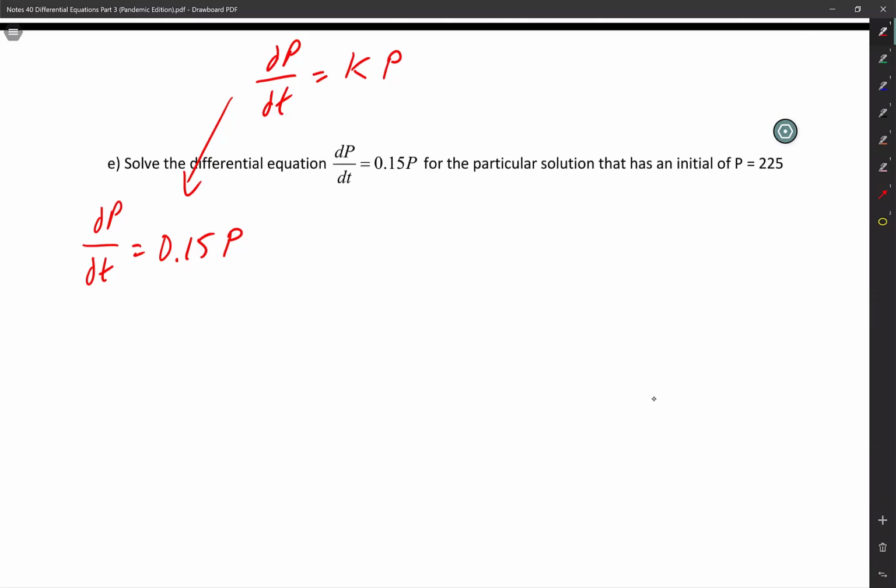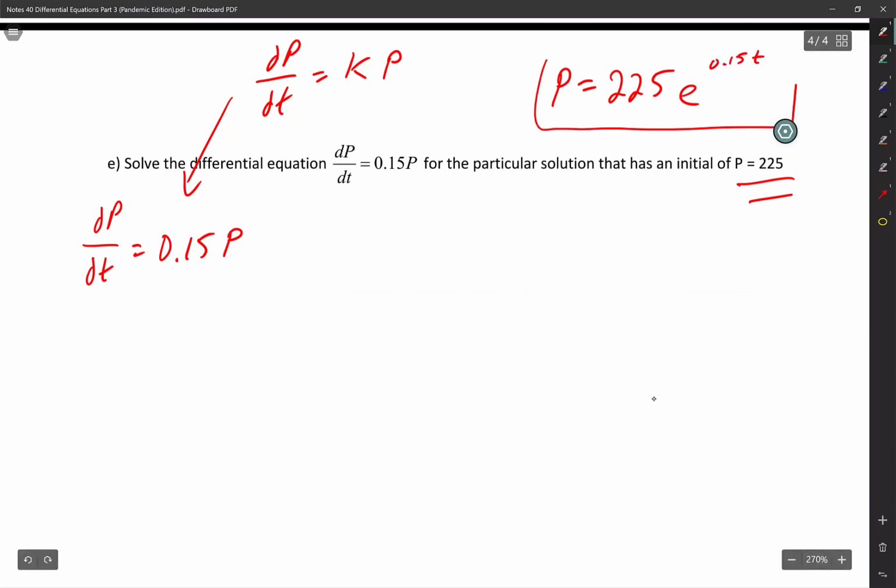Then as soon as you see that, you can go right to the answer. P equals, what's the initial? Did they give it to me? 225. 225 e to the 0.15t. You got to recognize it.